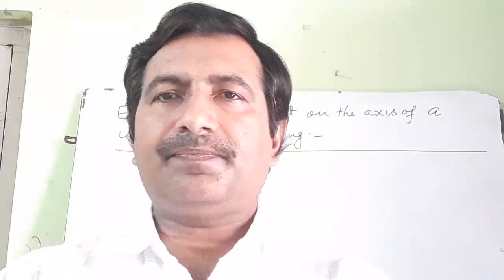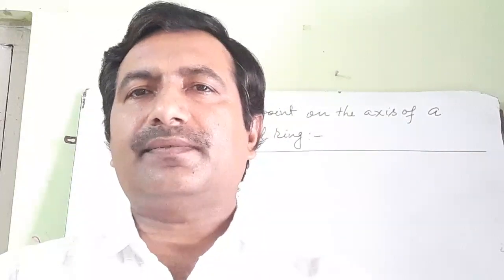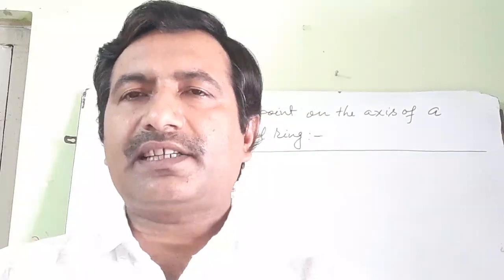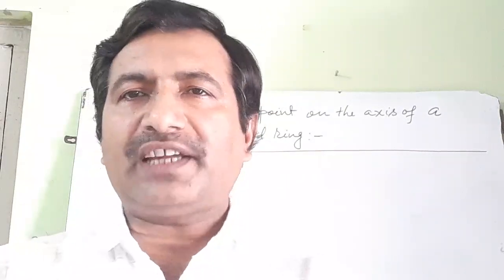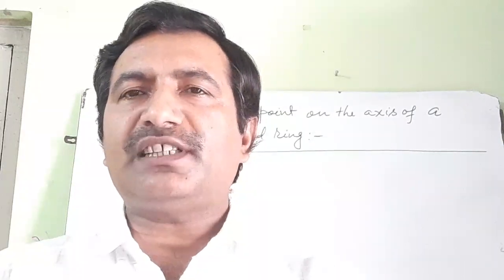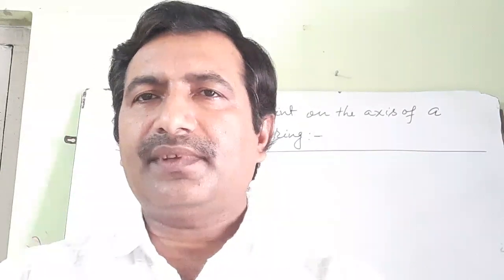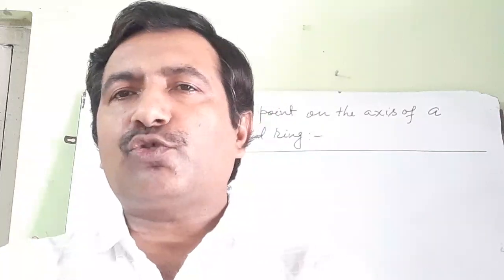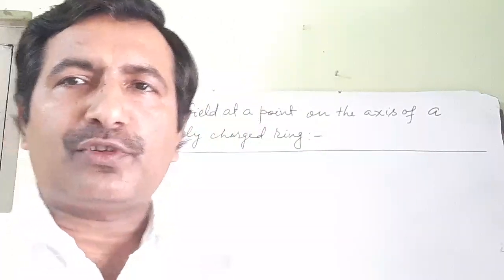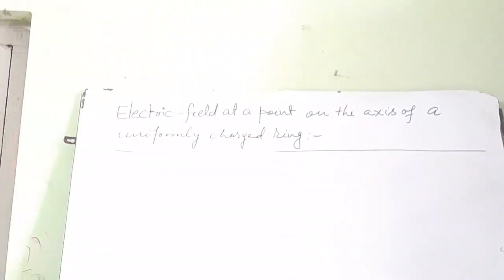In this lecture I am going to discuss the electric field at a point on the axis of a uniformly charged ring. This expression will also be obtained by using Coulomb's law. So let us discuss this now.